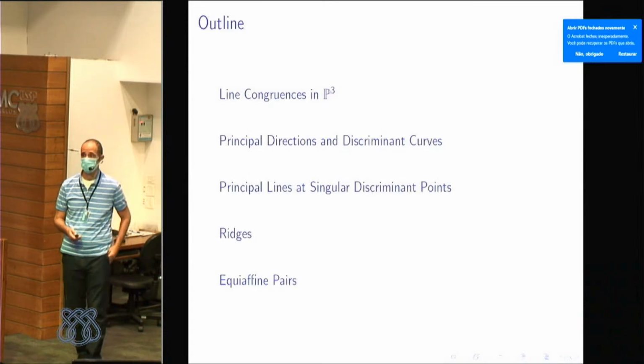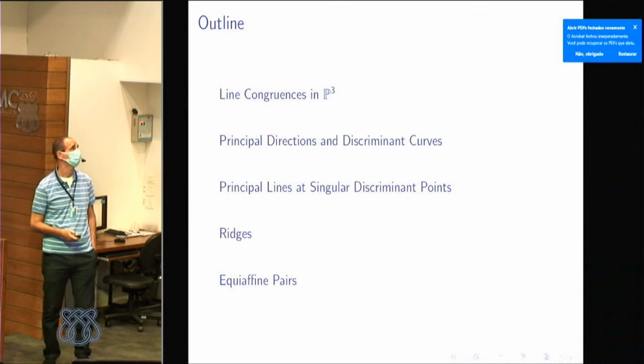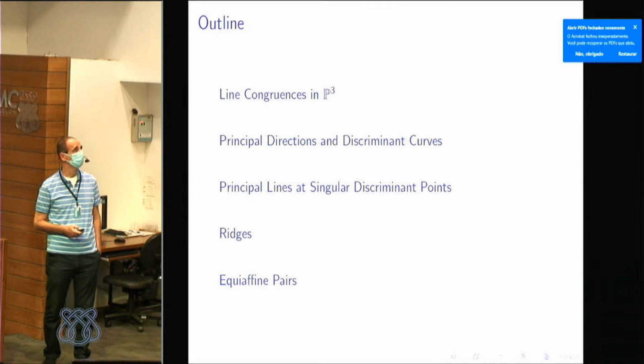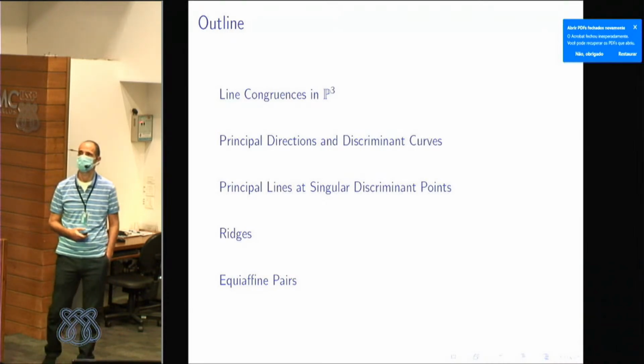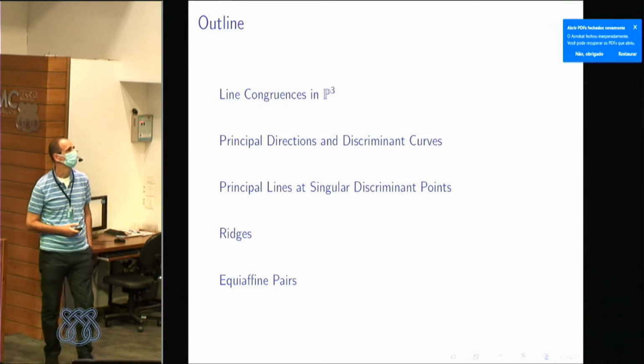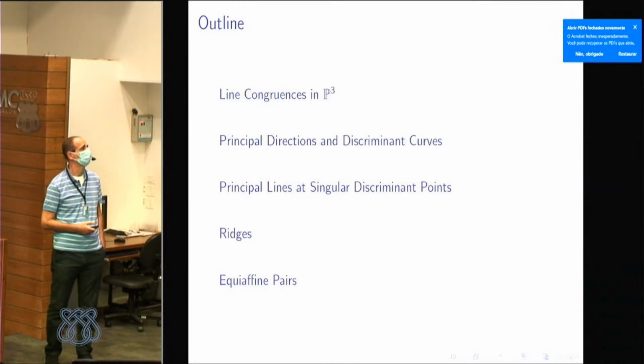So this is the outline of the talk. I will explain what a line congruence is, and the main ingredients. Then it has its principal directions and discriminant curves, which are the main elements of a line congruence. Also principal lines and ridges are another important ingredient of line congruences.